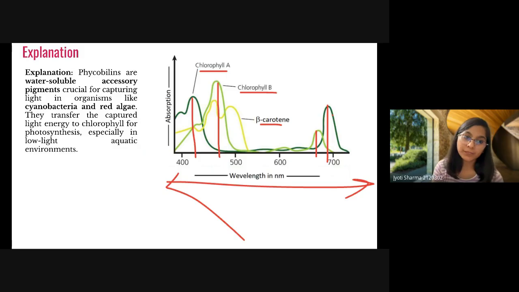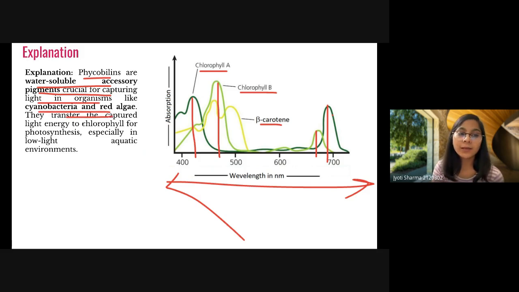In cyanobacteria and red algae, one such pigment is phycobilin. These phycobilins are water soluble accessory pigments crucial for capturing light in organisms like cyanobacteria and red algae.